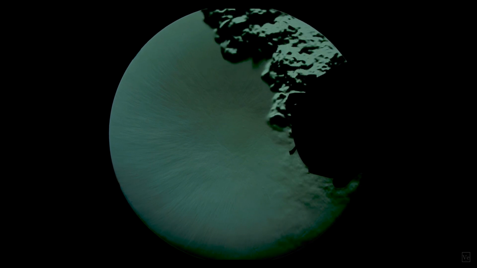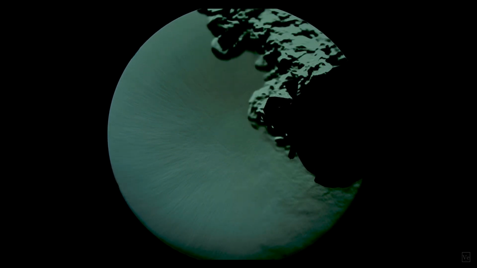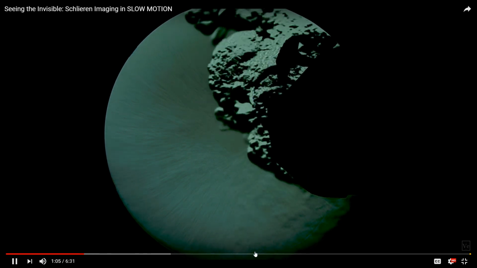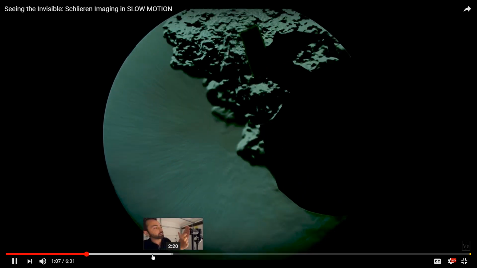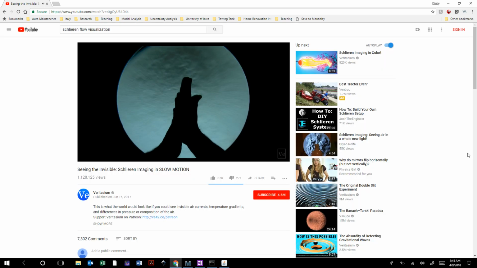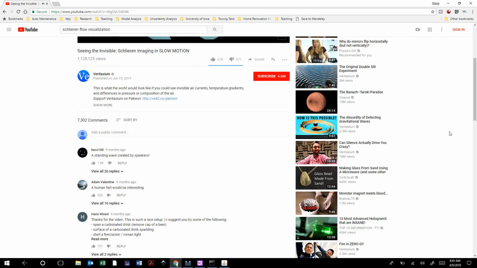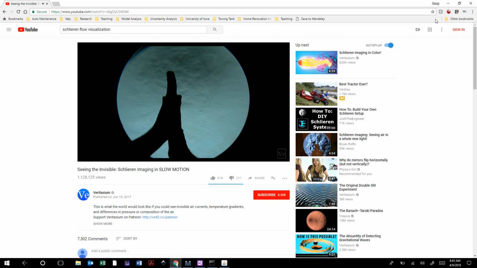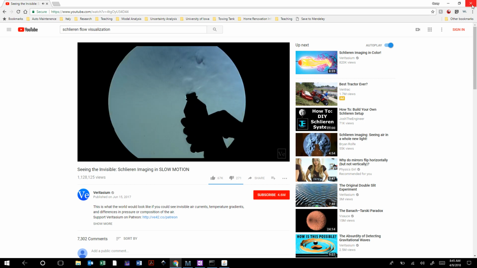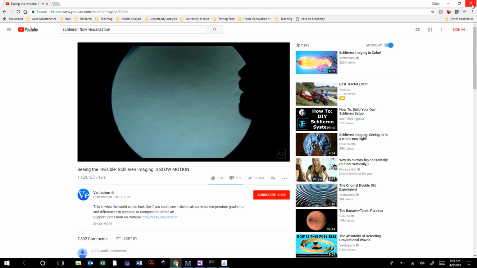There are some other really good examples. Google schlieren visualization if you're interested in seeing some more examples.